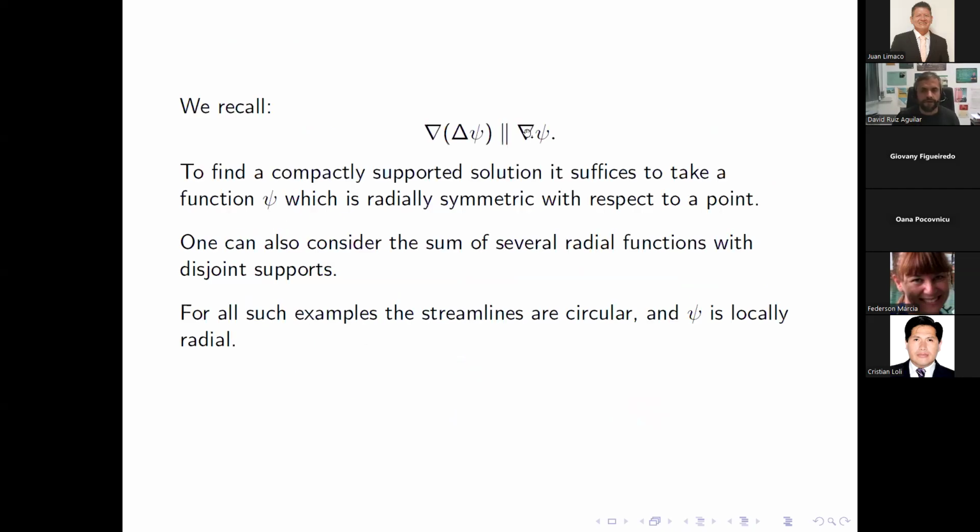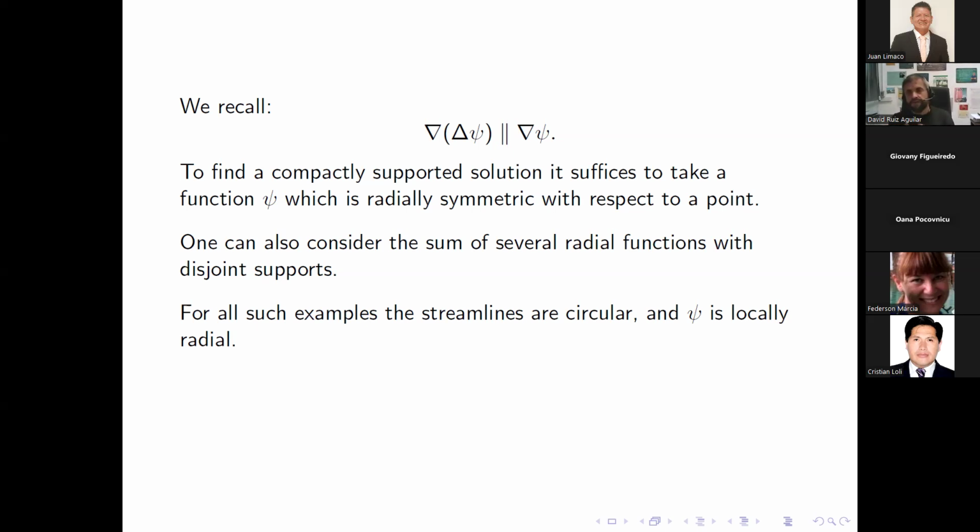Now, this is the equation that we have to consider, and there is a very easy way to find solutions of this equation: you can take any psi which is radially symmetric. The reason is that for any radially symmetric function psi, the gradient of psi points in the direction of x, but the Laplacian of psi is also a radially symmetric function, so it has the same behavior.